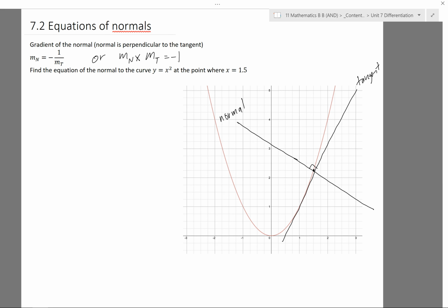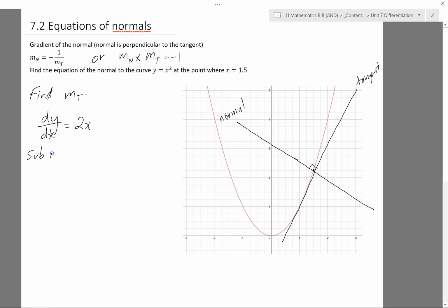To find the gradient of the normal, I first need to know the gradient of the tangent. I've done this already on the previous page, but I'll do it again just for fun. So I'm first finding the gradient of the tangent. I need to know what the derivative is, the slope at any point, and I'm interested in the x equals 1.5 point again.